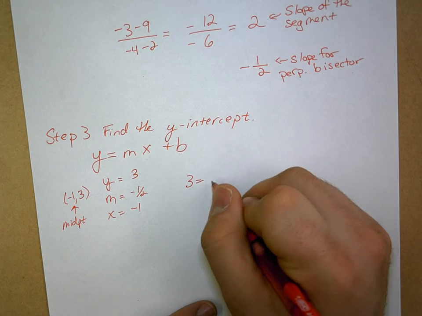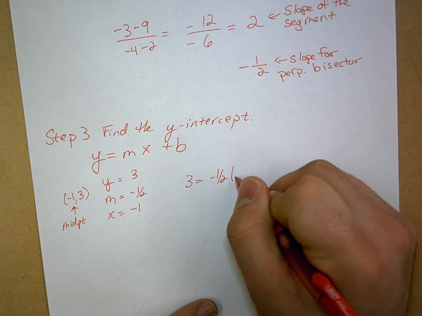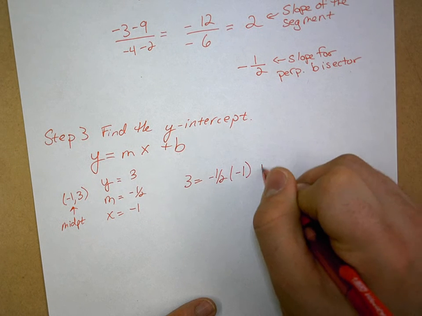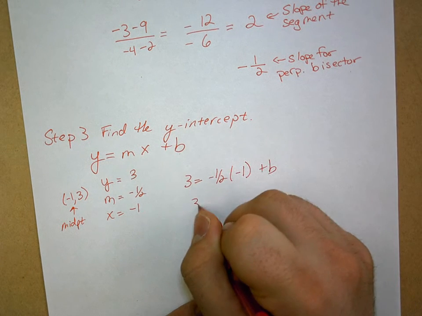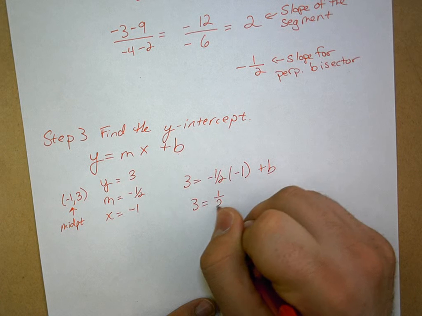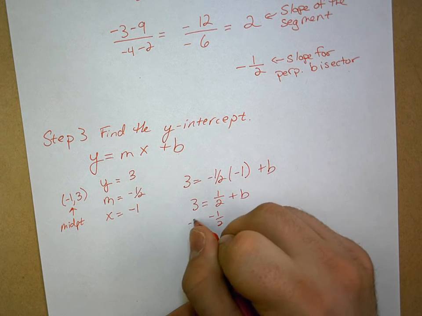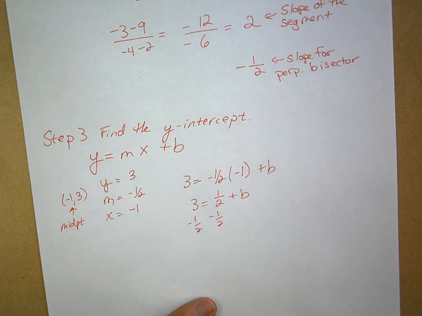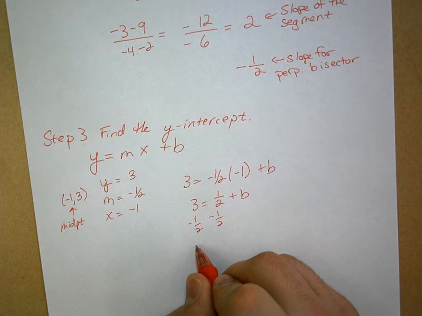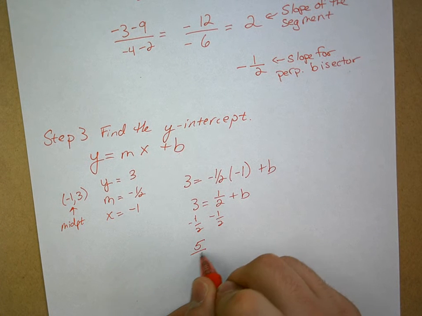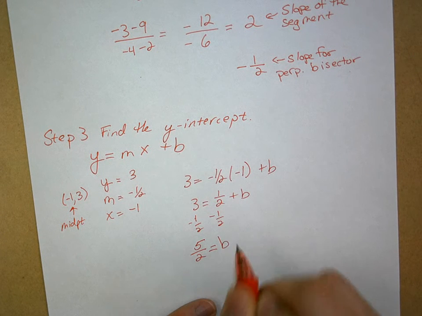3 is equal to -1/2 times -1 plus b. We get 3 is equal to positive 1/2 plus b. We subtract 1/2 from both sides. Okay, and what we get is 5 over 2 is equal to b.